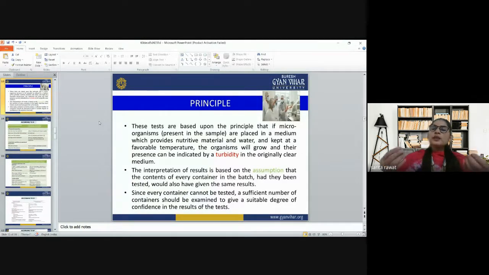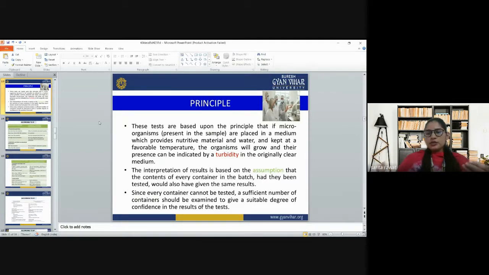So basically the principle behind sterility testing is that we just take some samples from the whole batch or container, then we assume that the sample taken represents all the containers, then we provide nutrient media to the sample.